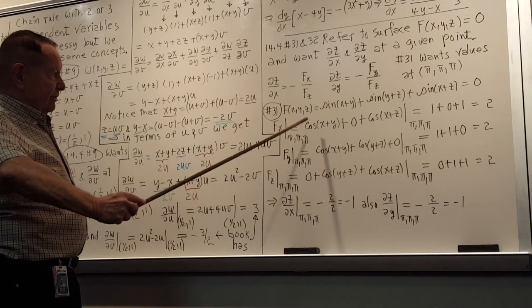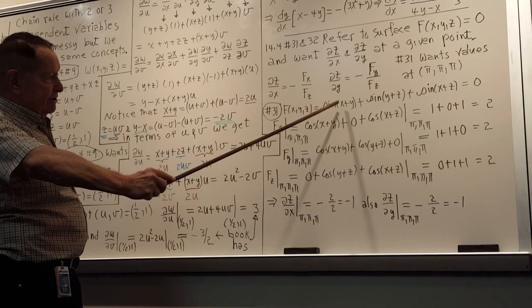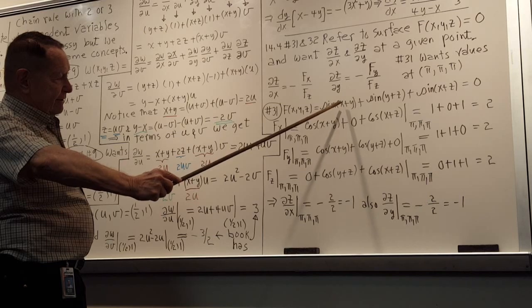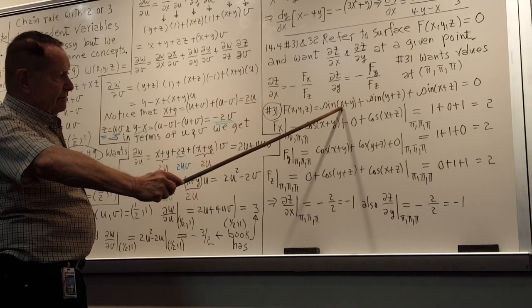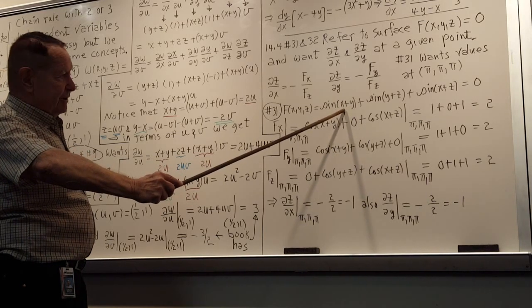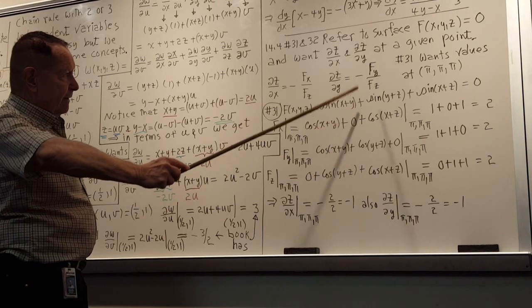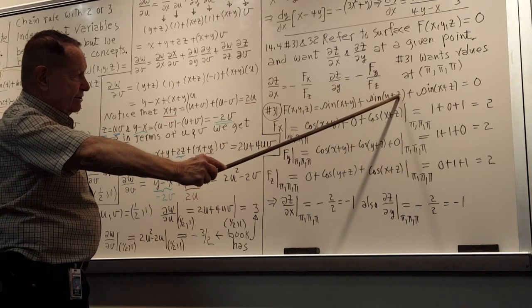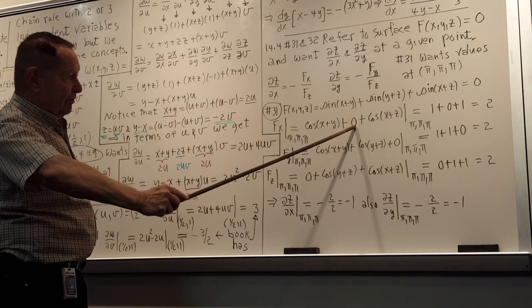And so anyway, your partial with x: sine to cosine, and then the inside function, when you do that partial with x, you get a 1. And then there's no x there, so your partial is 0.